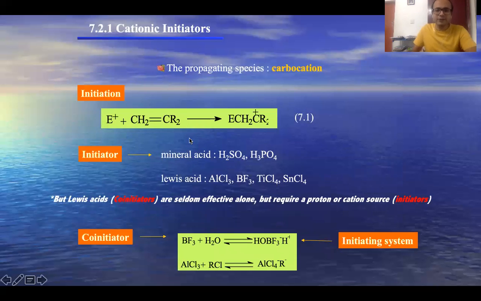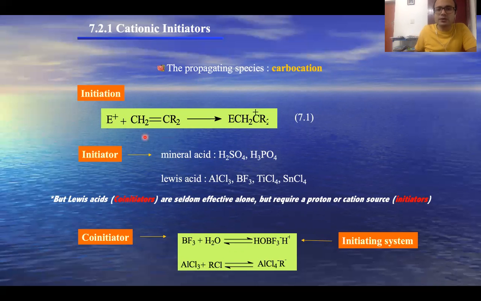Now, if you look at this particular slide, as I told you, when we talk about cationic polymerization, the propagating species is basically a carbocation. An initiation step you can think of like this. A cationic initiator will activate this particular vinyl monomer and form the corresponding initiator monomer complex.